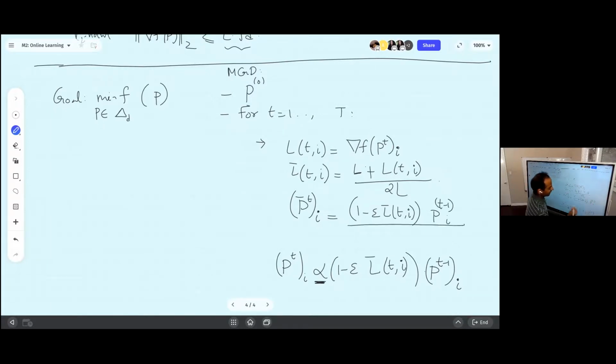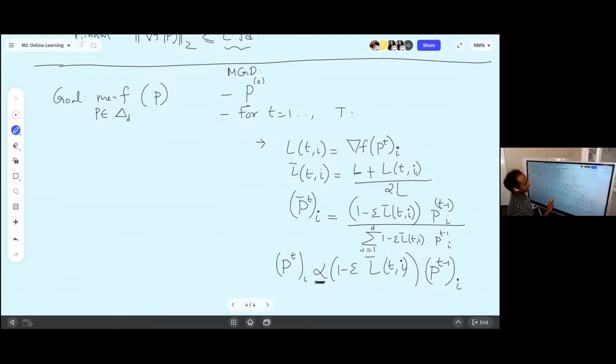But then I have to divide everything by their sum so that I get back a probability vector.